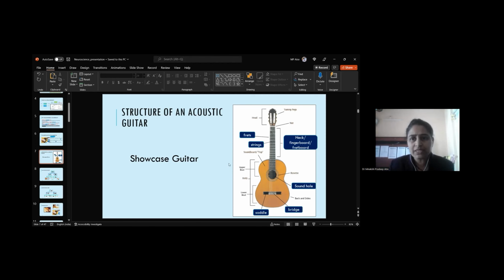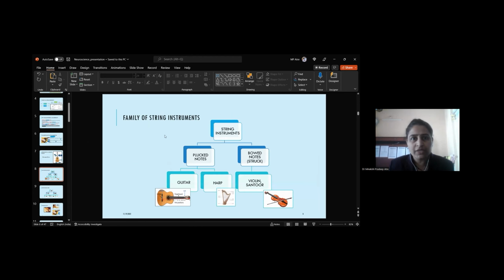Now, once we understand the guitar structure, we can see where the guitar lies in the family of string instruments. As we know, there are different families: string instruments, wind instruments like the flute, and percussion instruments like tabla. In the string instruments category, we have the guitar, which lies under the plucked note category. Just now I showed you the guitar, and with the help of a plectrum, I plucked the notes.